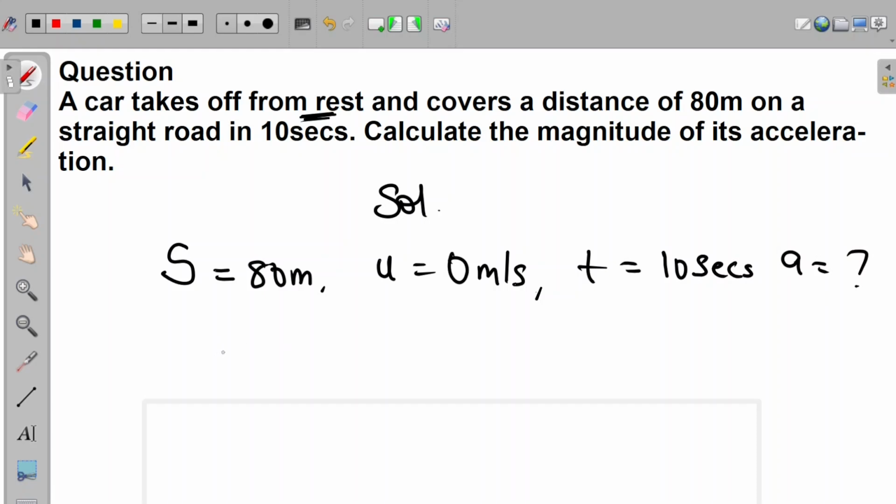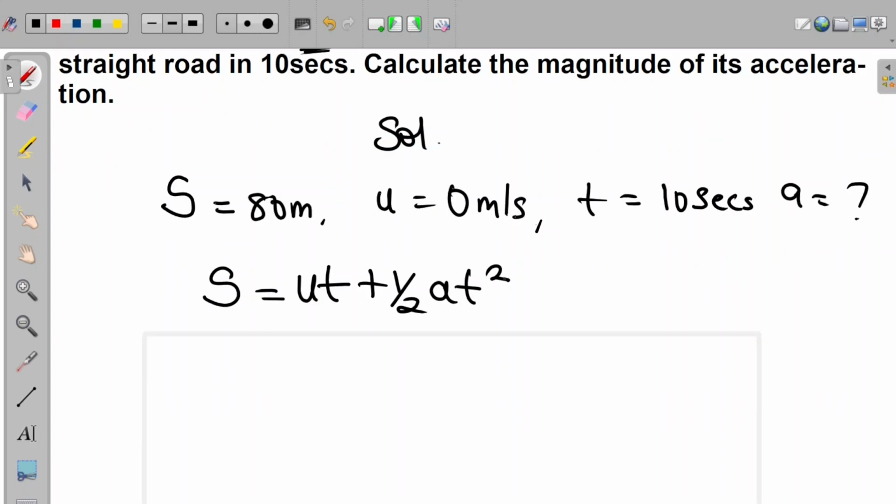So we know that the distance covered is equal to ut plus 1 over 2 at squared. So at this point, we can substitute our values.